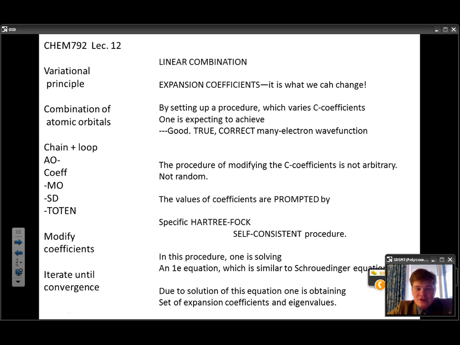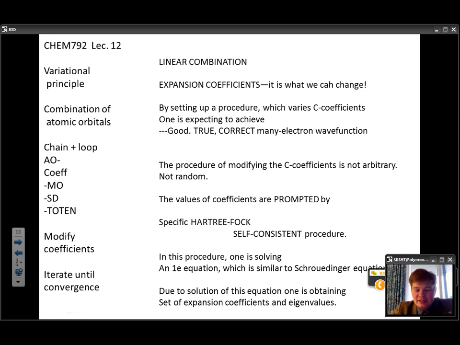So if we get those C coefficients, finally we can get more or less correct multi-electron wave functions, possibly lowest energy. The simplest thing would be just guess them randomly and try any possibility.